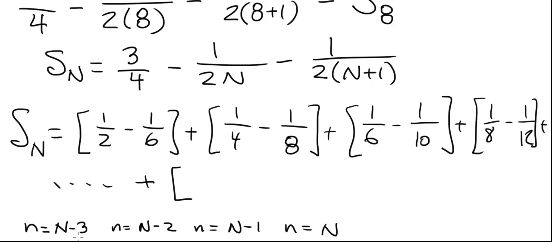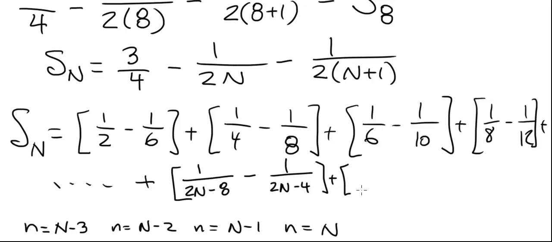For n minus 3, subtracting 1, that's n minus 4 times 2 would be 1 divided by 2n minus 8, and then adding 1 would be n minus 2, so minus 1 divided by 2n minus 4. Plus, when little n is n minus 2, subtracting 1, that's n minus 3, so 1 divided by 2n minus 6, minus, and then adding 1 would be n minus 1, so this is 1 over 2n minus 2.